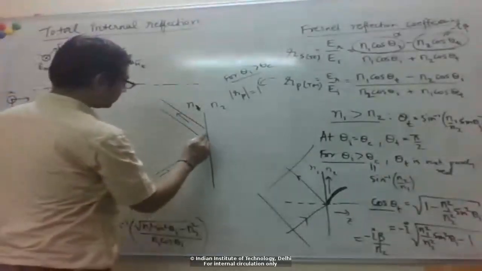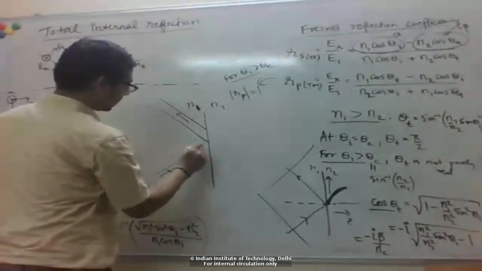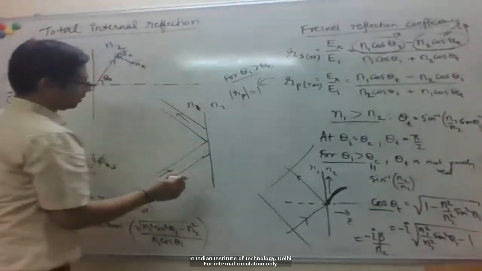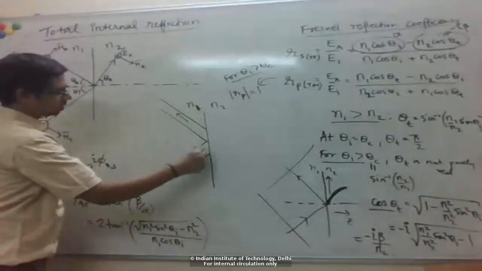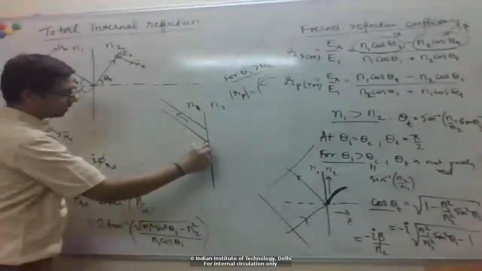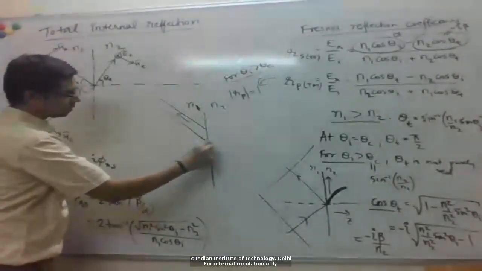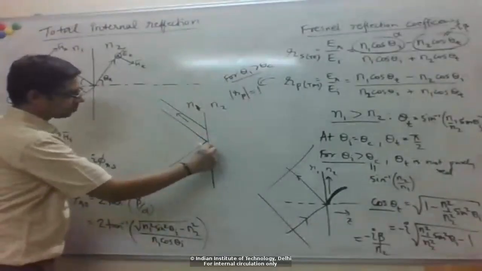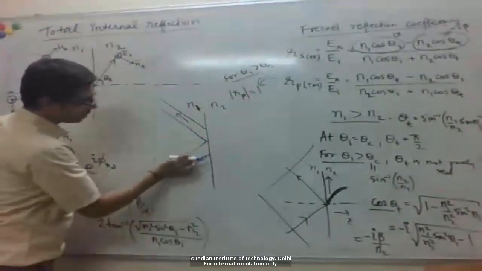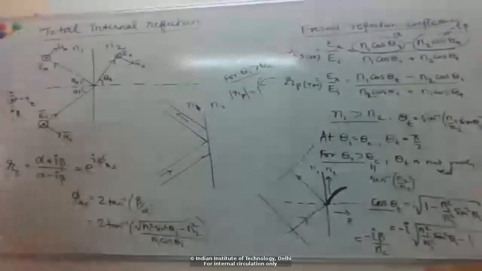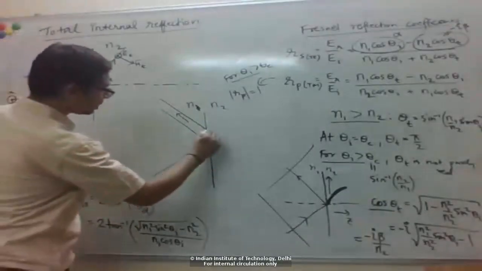But what happens is that the reflected beam doesn't start from the place where the incident beam hits the interface. There's actually a slight shift.